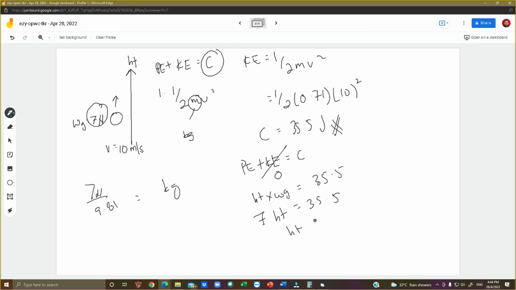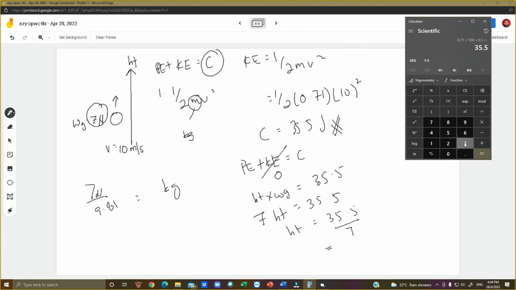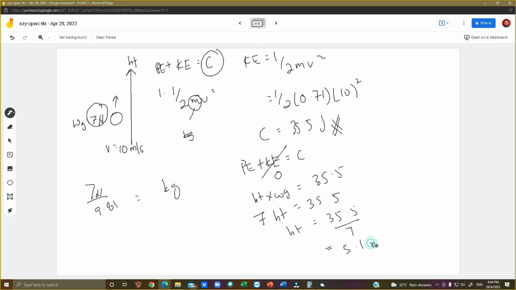So height dia ialah 35.5 divide with 7, 5.1 meter. That is the maximum height the ball is able to reach with an initial velocity of 10 meter per second. Itulah gaya penggunaan dia. Okay, boleh?